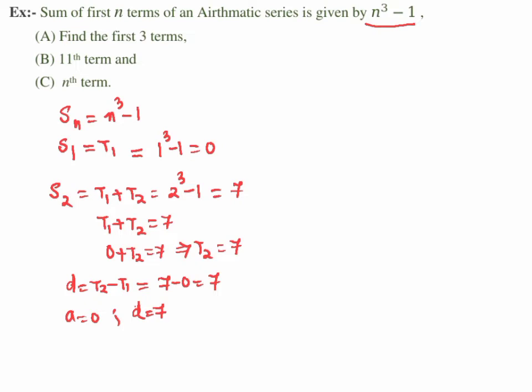Now you can find the n terms. The first 3 terms will be what? The general formula will be A plus n minus 1 D of an arithmetic series.